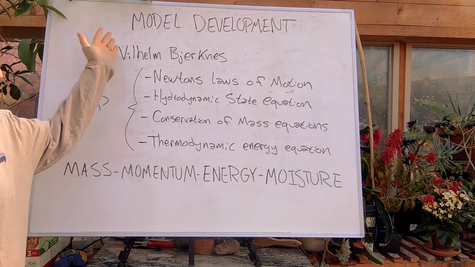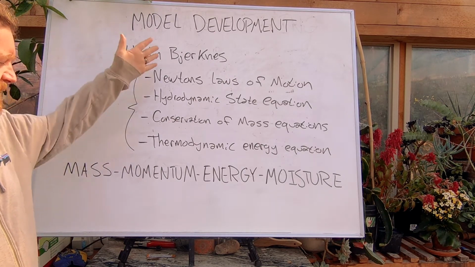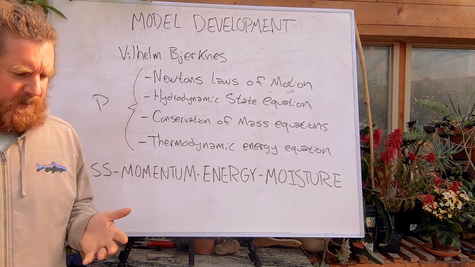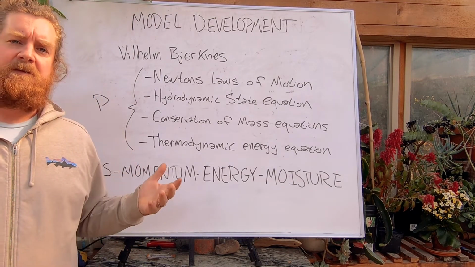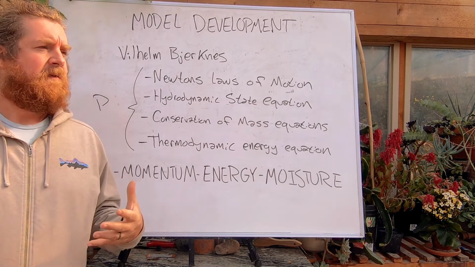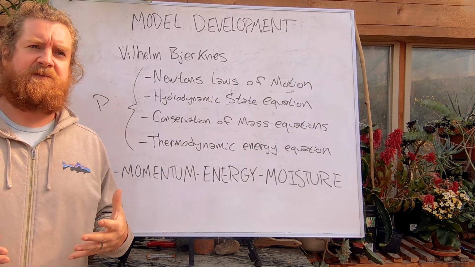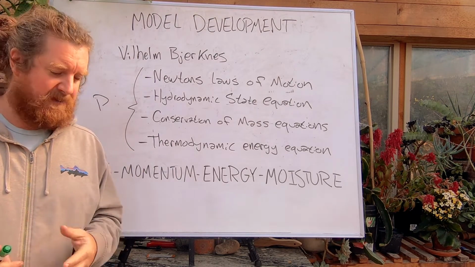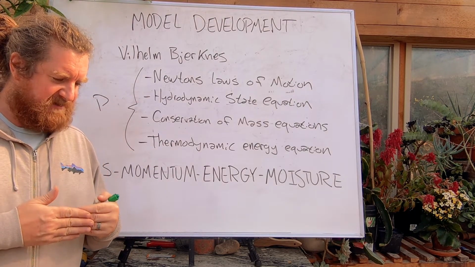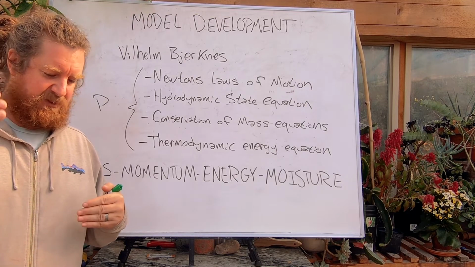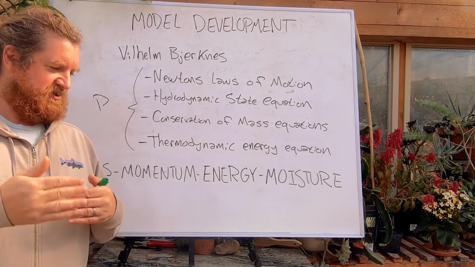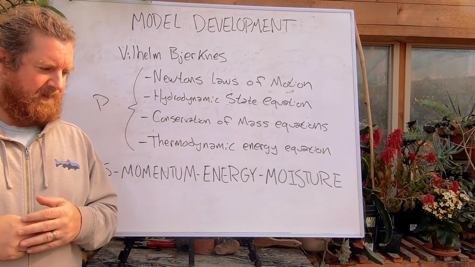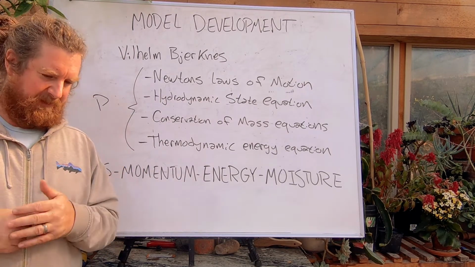So our lovely Wilhelm Bjerknes outlines all of this and actually builds the equations, but the problem is they were too complicated to solve precisely. They couldn't be solved because the margins of error introduced by human application just grew and grew, and the whole thing doesn't work if you have humans doing it.